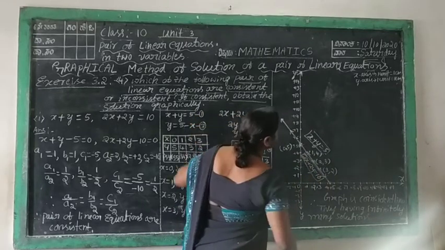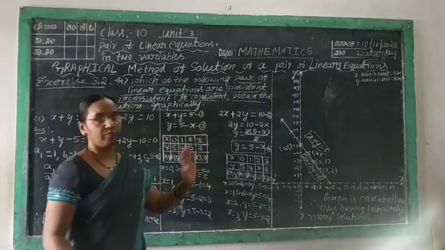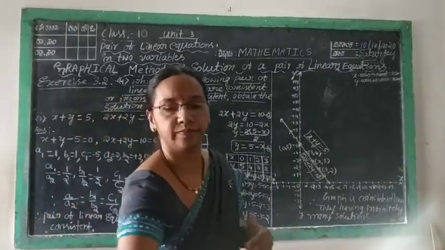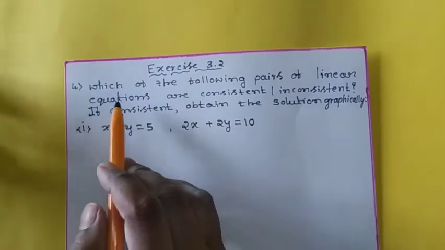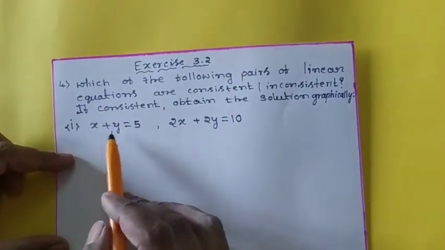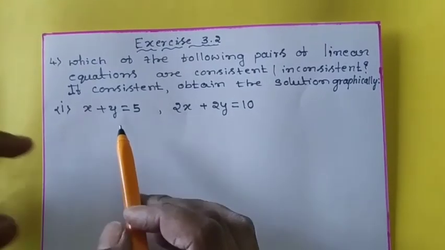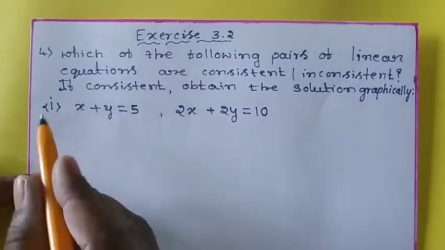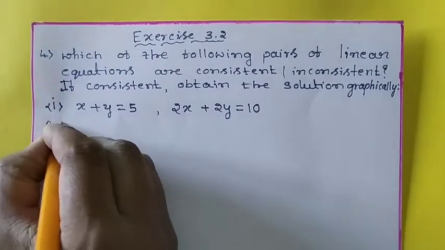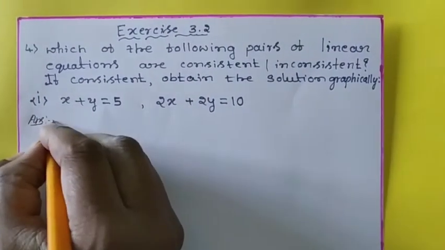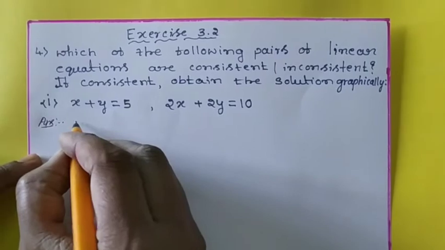Then we solve the same problem on graph sheet. Next, for this fourth one, the first problem represented on the blackboard is the same as on the graph sheet.